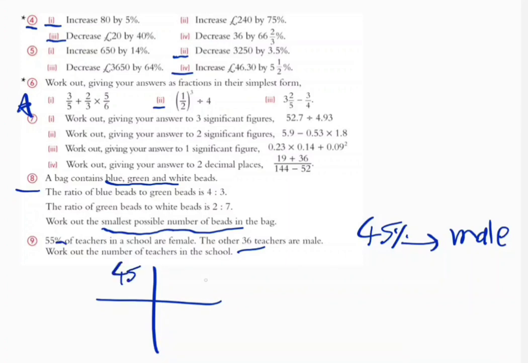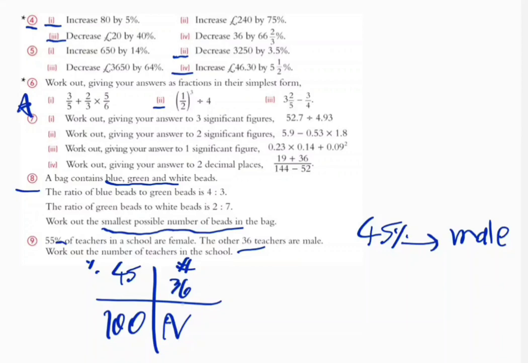So if we use just this simple table, we can write down the percentages in this column, and in this one the number. And in total, because we want to know how many teachers we have, we can just put here n, the number of teachers, and we know that 45% of them is 36.